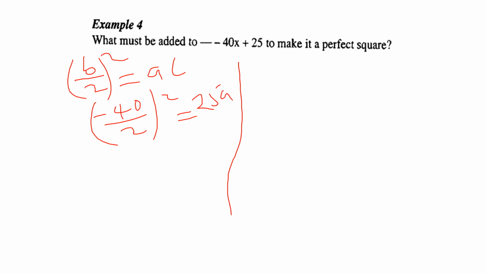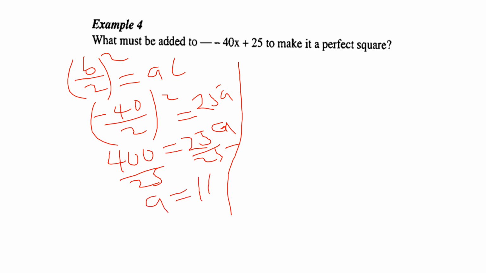So this is 400, which is equivalent to 25a. So I can divide by 25 on both sides. So my a here is equivalent to 16.